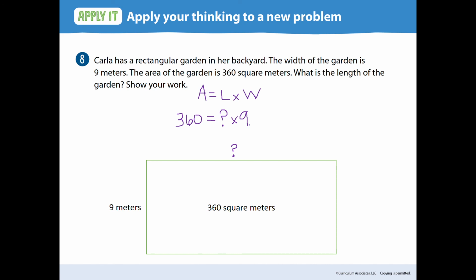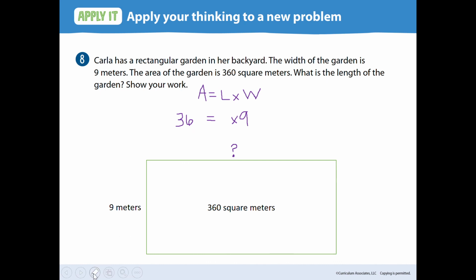And I'm looking at this problem, and I know that if I kind of ignore this 0 right here, and I can just stick that in my back pocket and I'll bring it back later, and I'll use it in just a little bit. But if I ignore that 0 for right now, what I have here is 36 equals something times 9. And I actually know that. I've learned my multiplication facts, so I know that 9 times 4 equals 36.